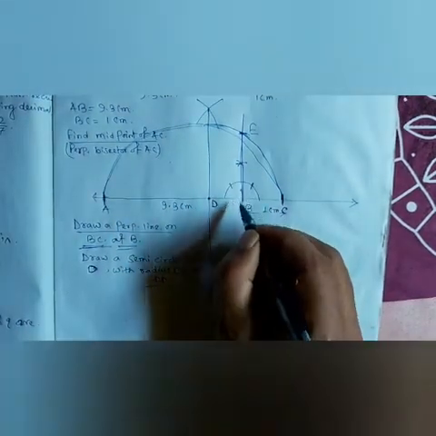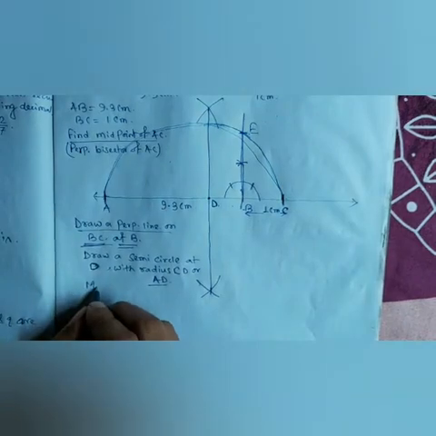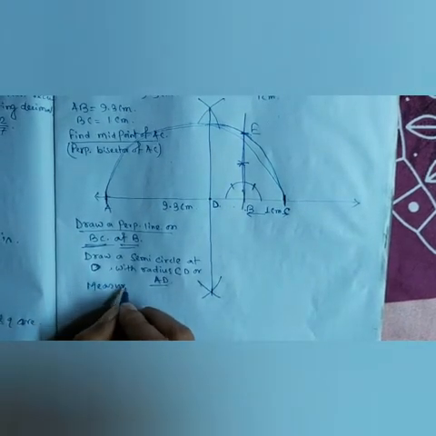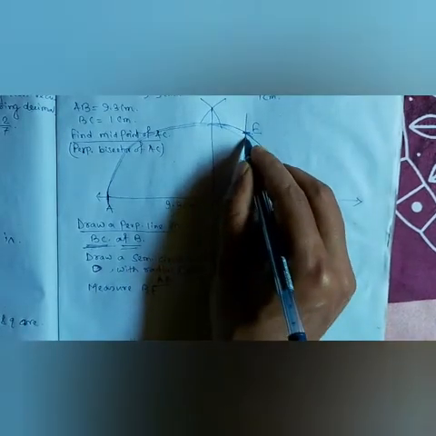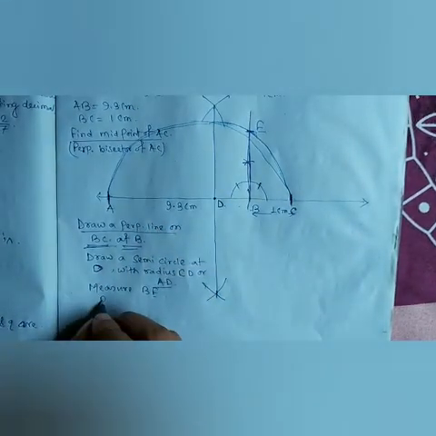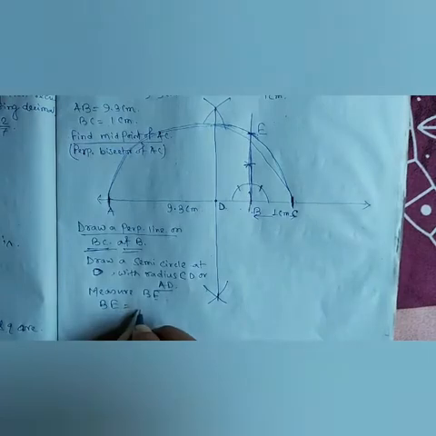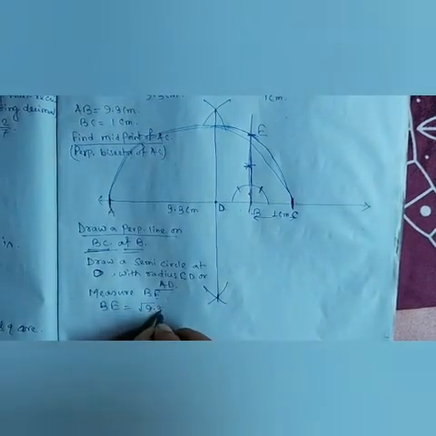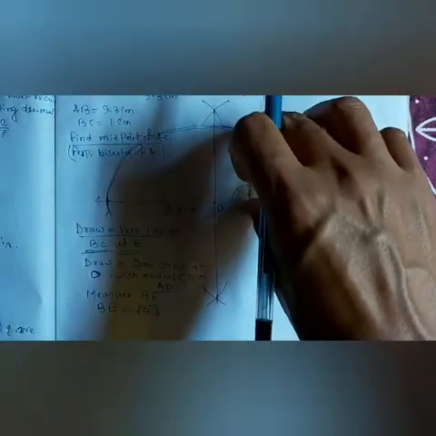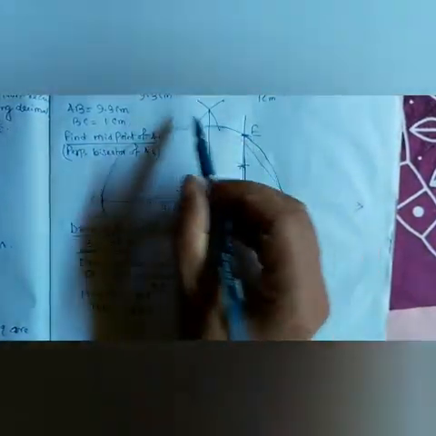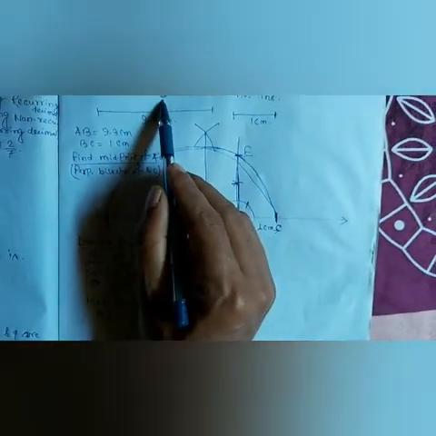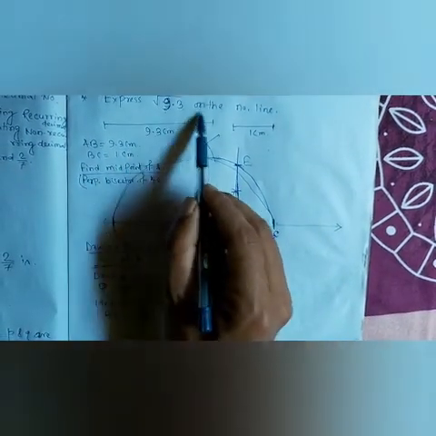Then measure BE, and the value of BE is equal to root over 9.3. Okay, so you will get this one is root 9.3. Now we have to represent root 9.3 on the number line.